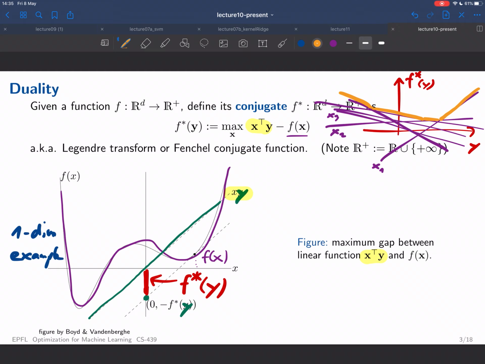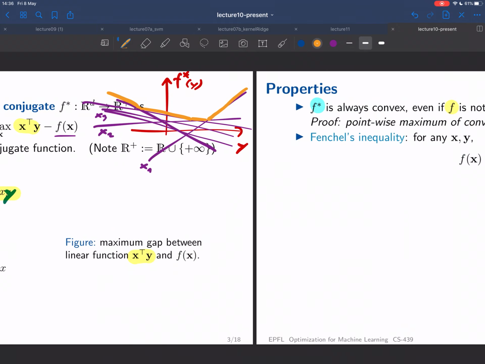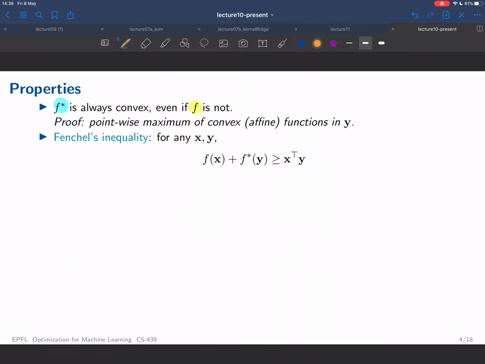And it turns out that the maximum of many linear functions is actually a convex function. So the orange thing is the graph of my f star. That thing is a convex function, no matter what the original f was.